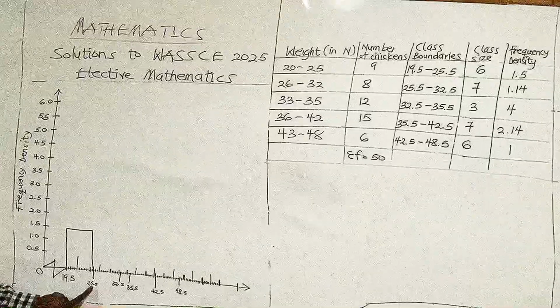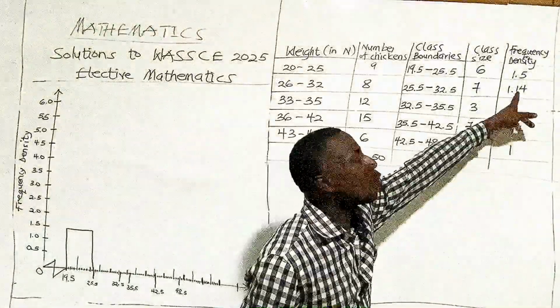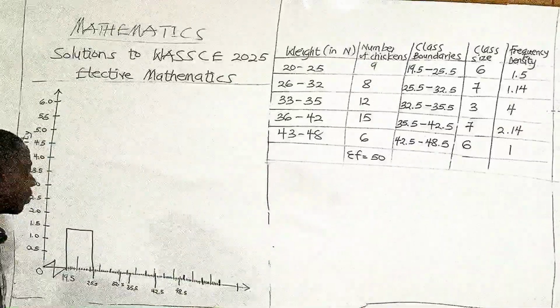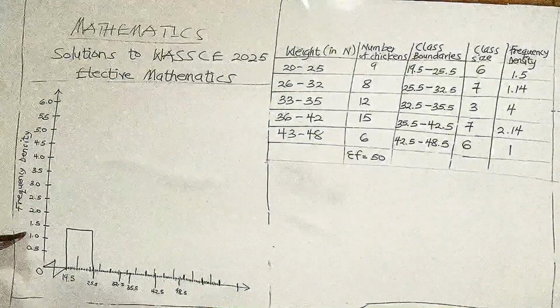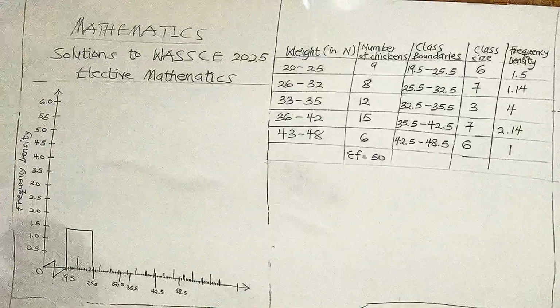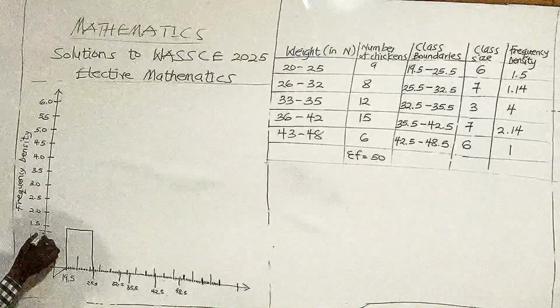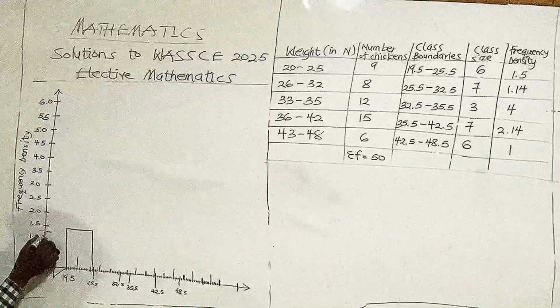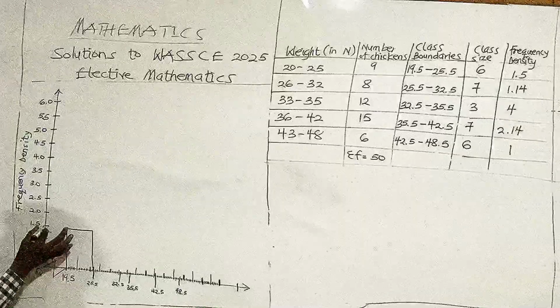Then from 25.5 to 32.5, it is also corresponding to 1.14. And we know that 1.14 also lies between 1.0 and 1.5. So let's assume that this is the light line. We have 1, 2, 3, 4, just like the way we read what we have here.